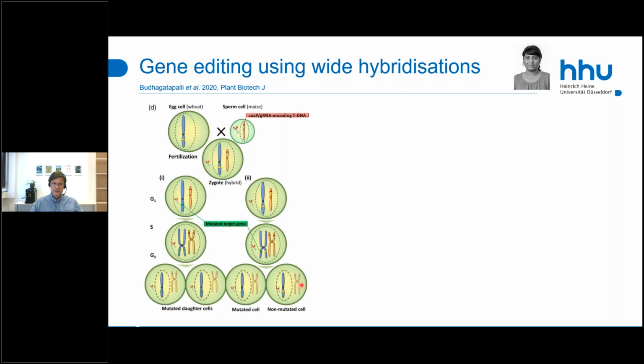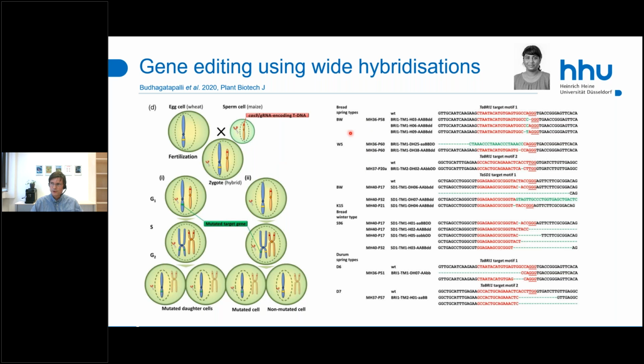So this has several advantages. On one hand, you will lose the transgene already in your regenerants. On the other hand, one transgenic maize plant can be used for dozens of different genotypes of recalcitrant species like wheat, and she successfully showed that this is true.